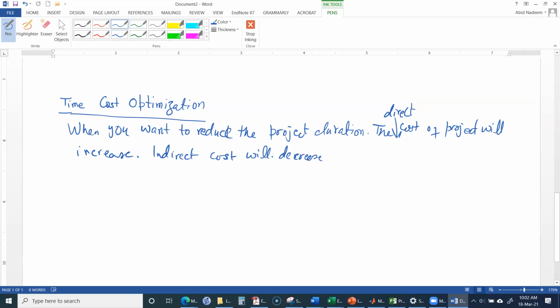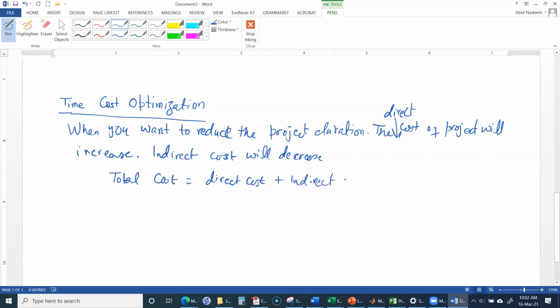So the total cost will have an optimization pattern. The total cost is the direct cost plus the indirect cost.